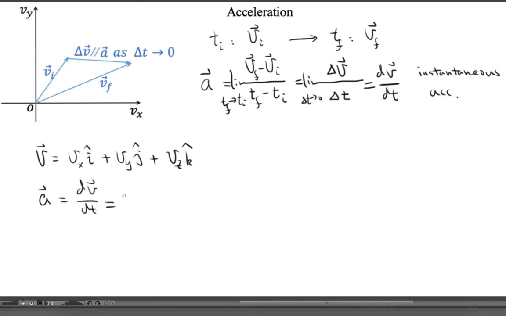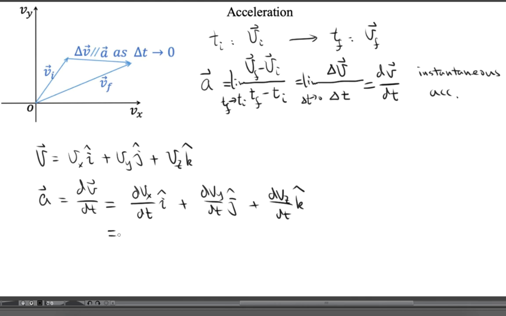And this derivative needs to be done independently for these 3 components. So for the x component, I have dvx dt, so that's the i hat component, and dvy dt is the j hat component, and dvz dt, that's the k hat component.